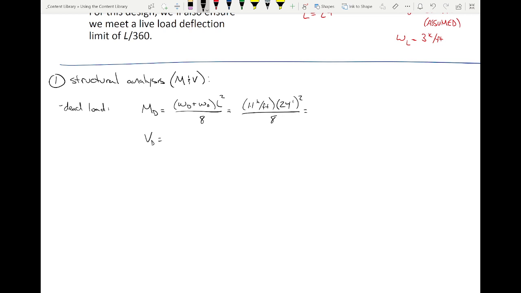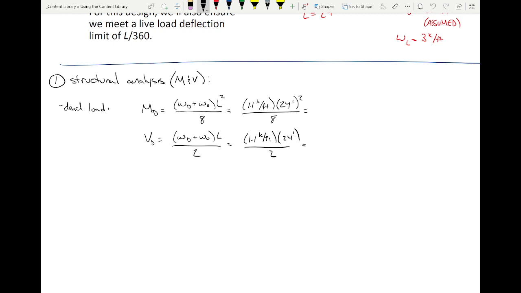For the shear, it's w times L over what? If it's wL squared over 8 for the moment, it's wL over what for the shear? 2. Okay, make sure everybody's paying attention. All right. So that is 1.1 times 24 feet over 2.